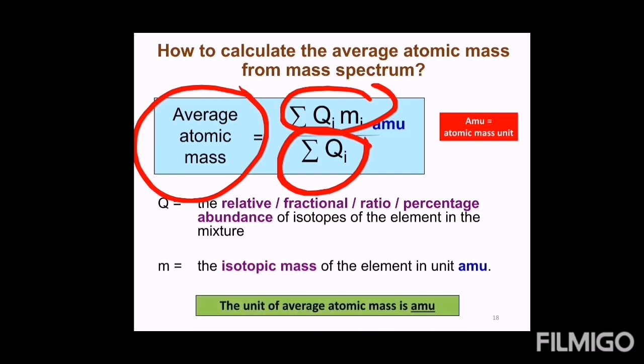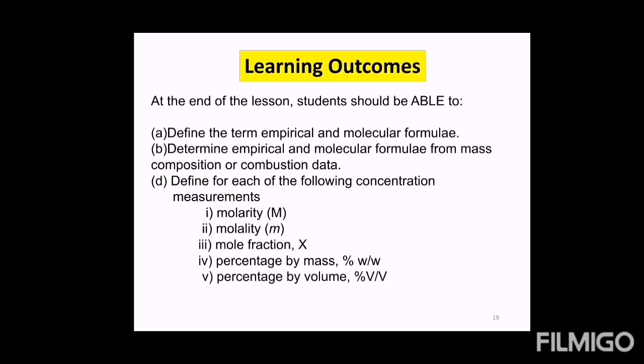Okay. So when you talk about average atomic mass, of course, there is a unit. The unit of average atomic mass is AMU. Okay. Atomic mass unit. Alright. And then go to the next slide.